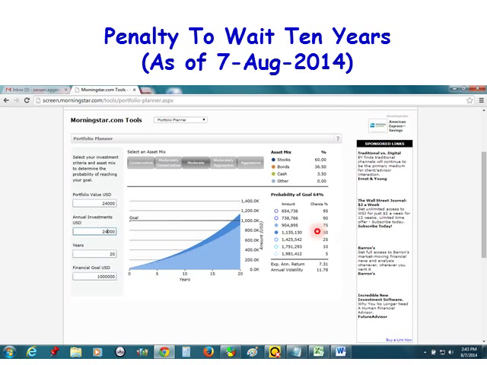So if you couldn't invest $10,000 to start with and $10,000 every year, you would have a hard time starting with $24,000 and investing $24,000 every year. The sooner you start, the better your chances of attaining your goal. Let's continue.